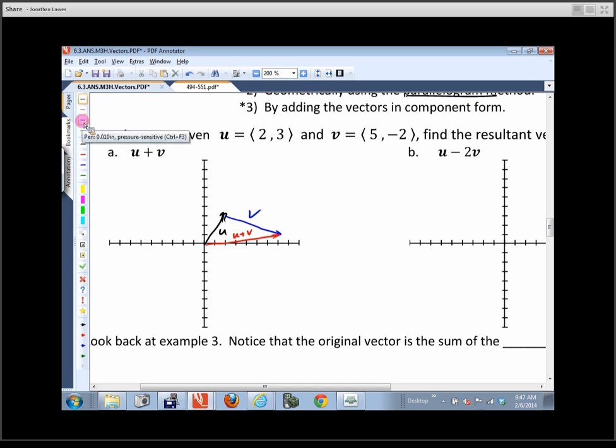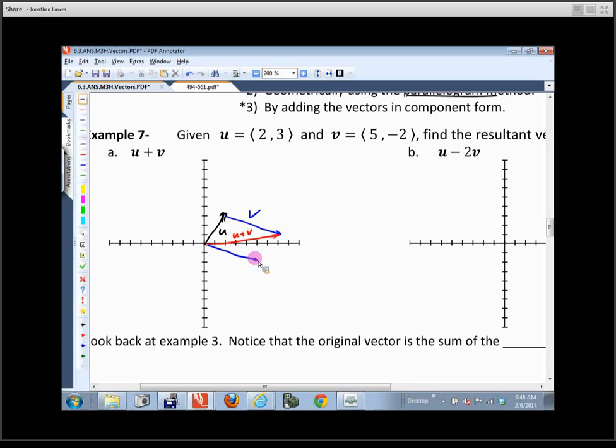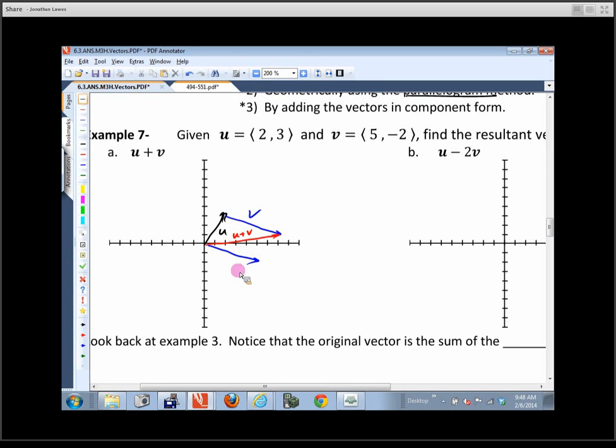Okay, the parallelogram method gives you the exact same result, but it looks like this. I'm going to take a copy of v and I'm going to put it right here. Okay, so v is 5, negative 2, over 5 and down 2. So here's what v looks like. I'm going to take a copy of u. I'm going to draw it in standard position as a position vector, and then I'm going to copy it over here.